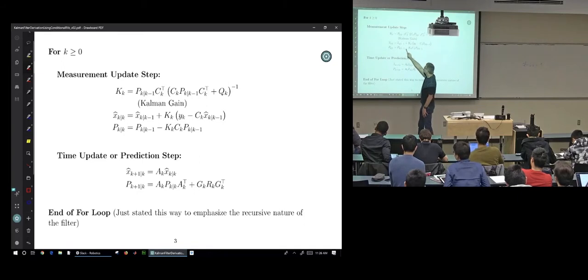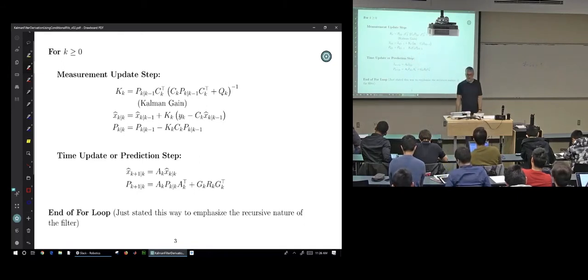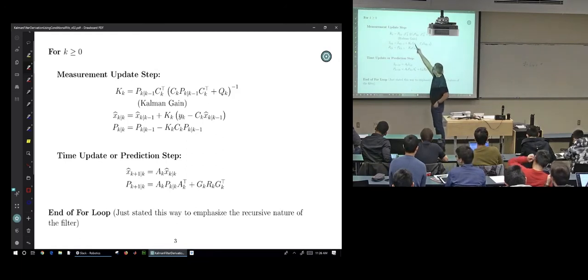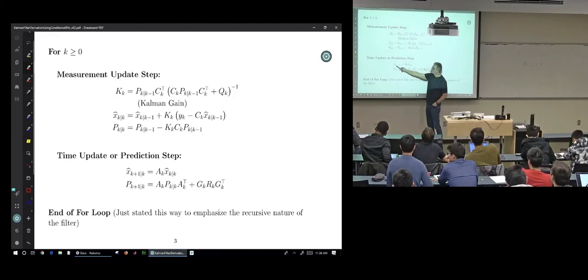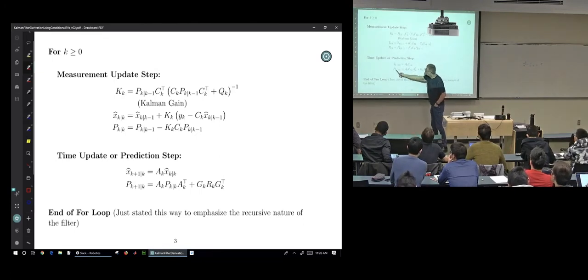And then we update the conditional covariance. Now we've used the measurement. Now we use the model, and we predict forward what's going to be the mean of x in the future. And then we calculate the conditional covariance of that.